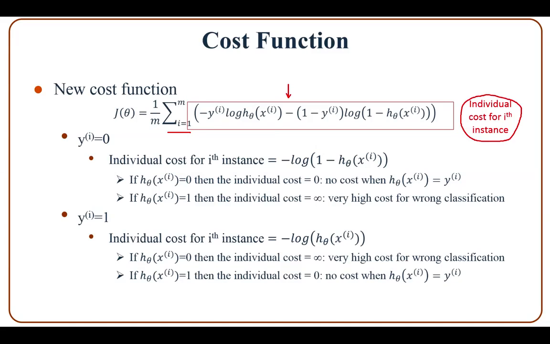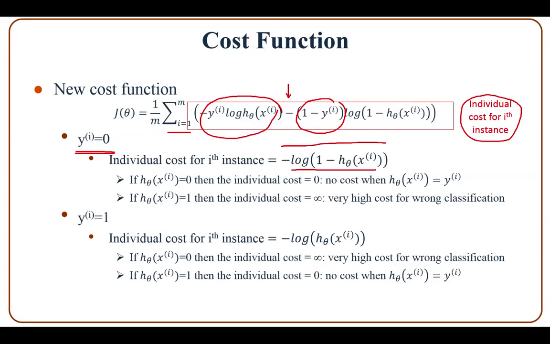Now we look at the case when yi equals 0. So look at this case first. We can see that this part is gone. So finally the individual cost for the ith instance is just that, and 1 minus yi is equal to 1, right?